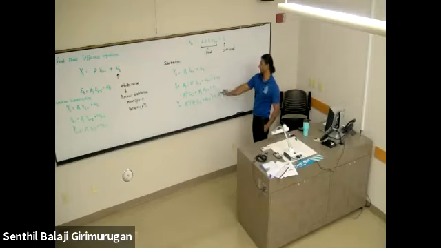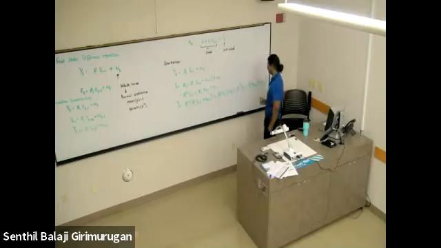Which will give us phi1 squared times phi1, cubed, yt minus 3 plus phi1 squared wt minus 2 plus phi1 wt minus 1 plus wt.